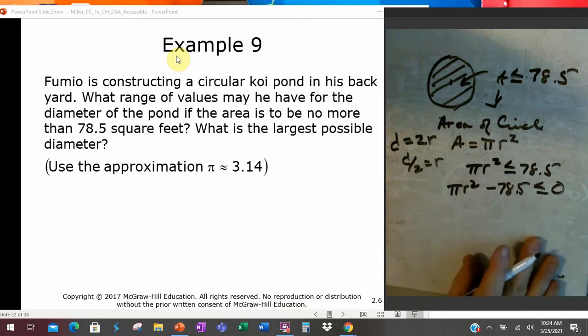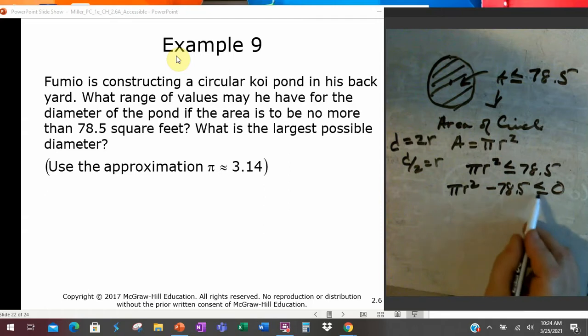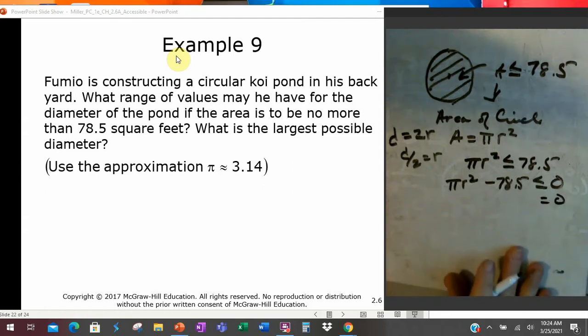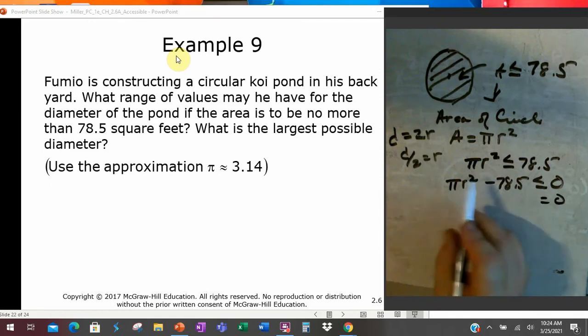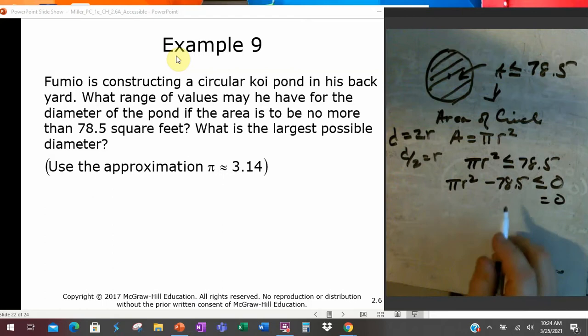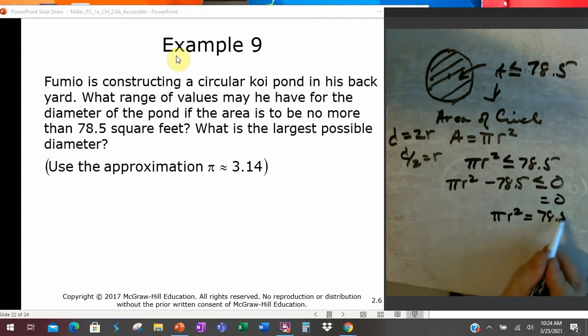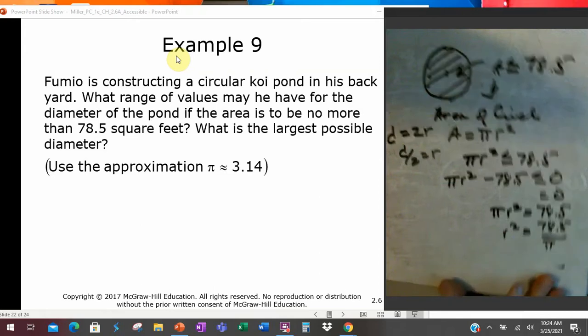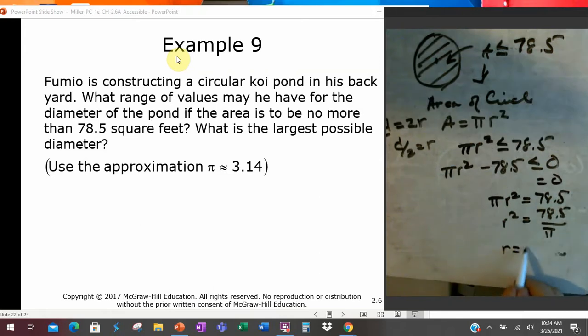But let's do it from here, and then I find my critical point. Where's that equal to 0? And then we're right back over here. I can do this as the difference of two squares, factor them out and get the 0. Or basically, we're back to saying, when is this equal to 78.5? And then take the square root.